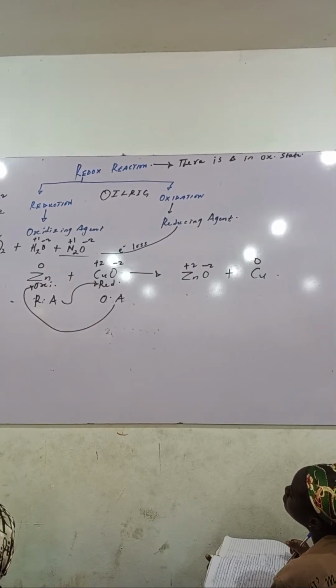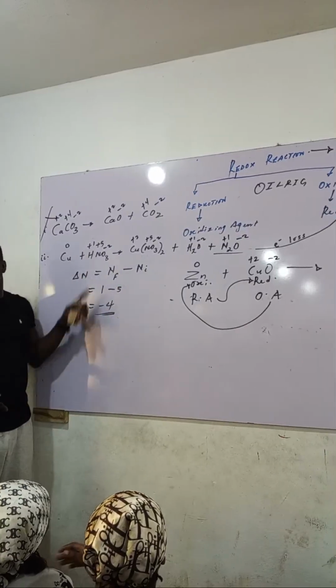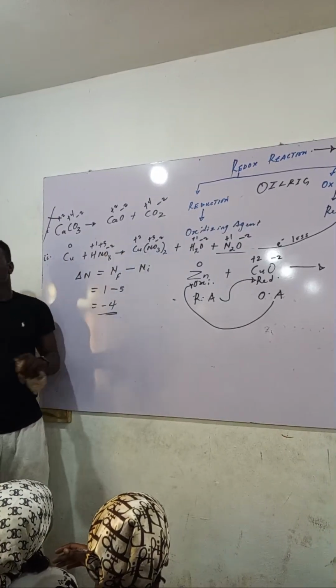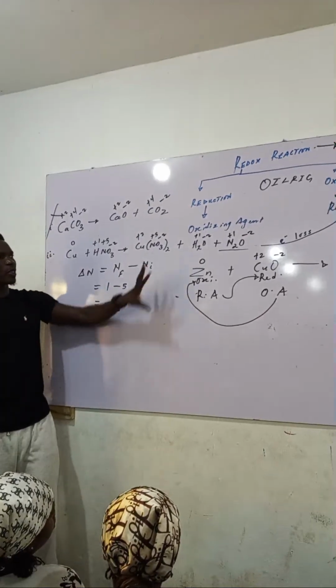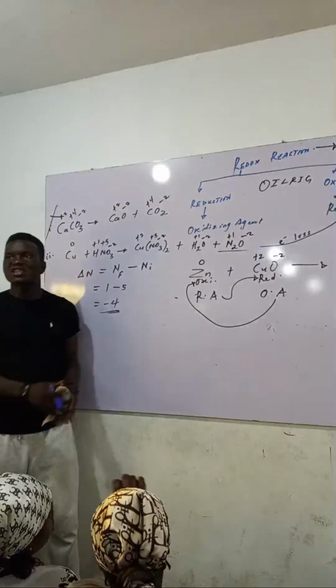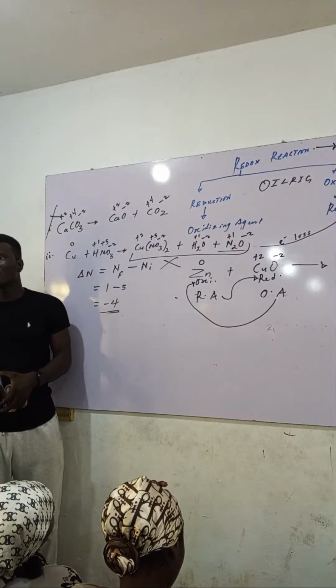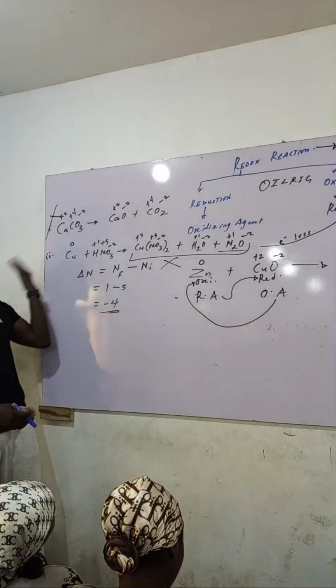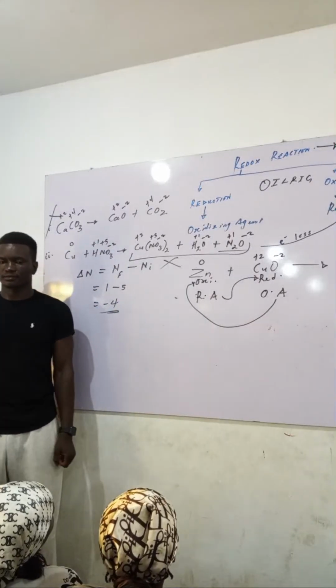Which one is the reducing agent here? I told you something: whenever you are picking your answers, don't pick here. Anything on the product side, you neglect it. You always pick your answer from this side. So which one is undergoing oxidation here?